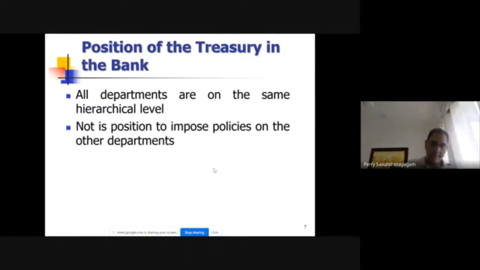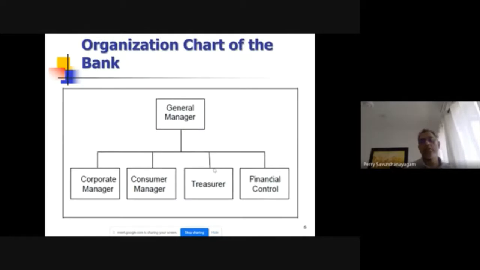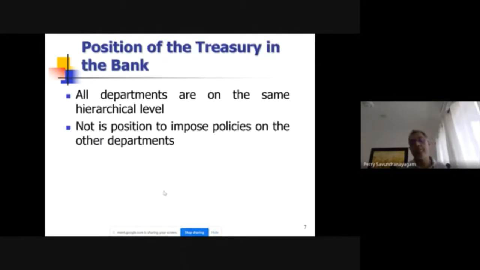Now, this is important. Why is that important? Why is it that treasury doesn't have an ability to, say, impact the financial controller or impact consumer banking with its decisions? Why is the segregation important?